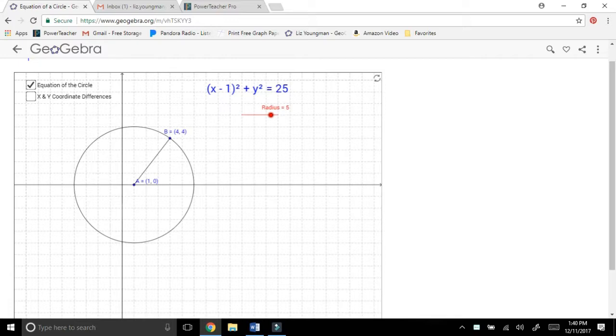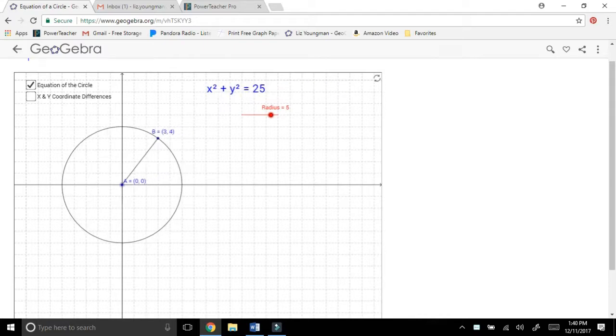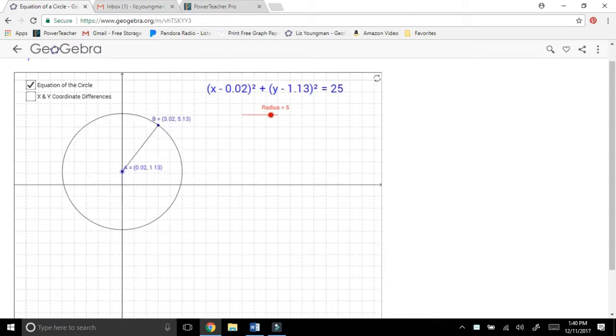So I wanted to show you guys here what's going on with the equation of the circle. If you notice that when I take this and I move the center, it kind of snaps it into place. So remember, the equation is X minus the X value. Here the X value is 0, and then Y minus the Y value.